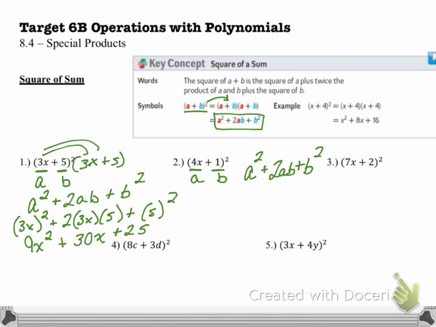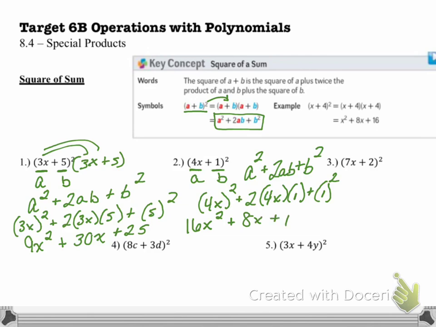My a value is 4x, and I'll square that, plus 2ab, so 2 times 4x times 1, plus my b value of 1 squared. That gives me 16x squared plus 8x plus 1.